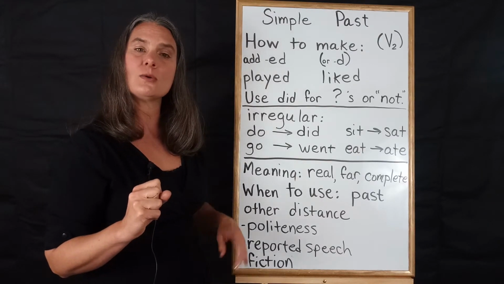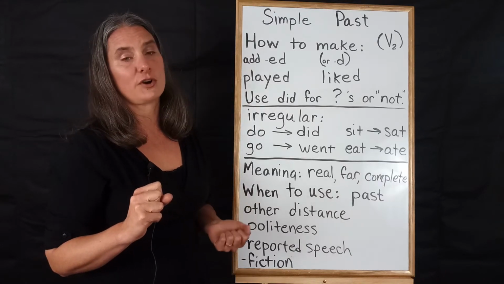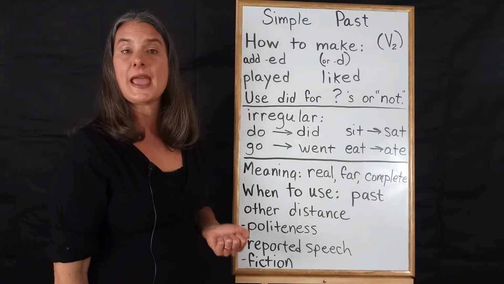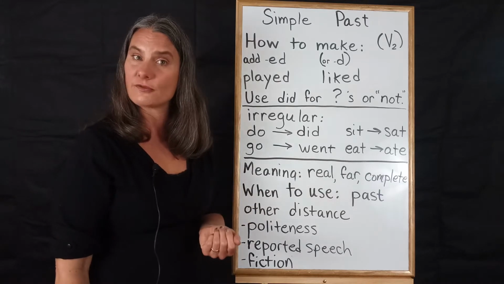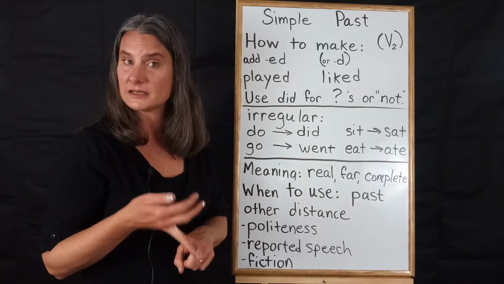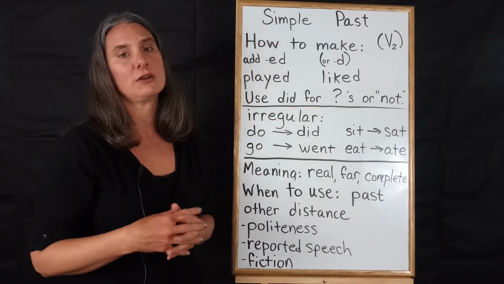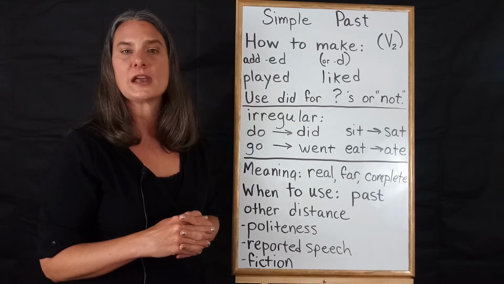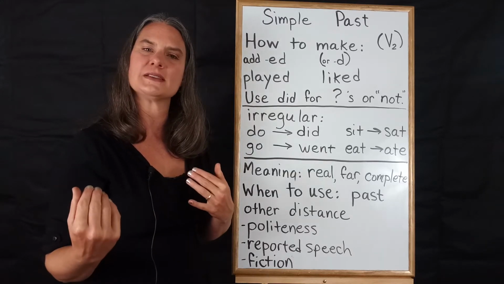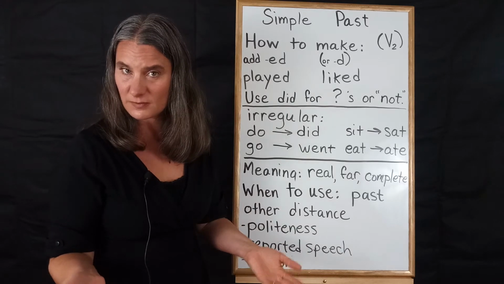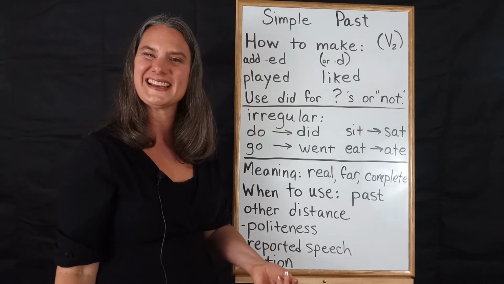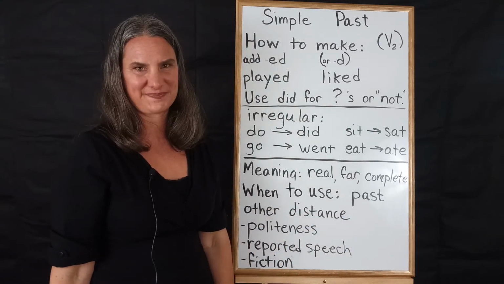It is also one of the most common verbs in speaking and in other forms of writing like news or academic writing. You'll also hear a lot of simple pasts that are talking about something that happened in the past or for some other reason feel far away.